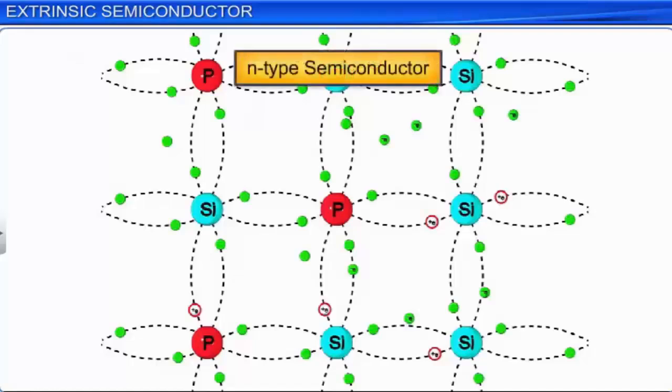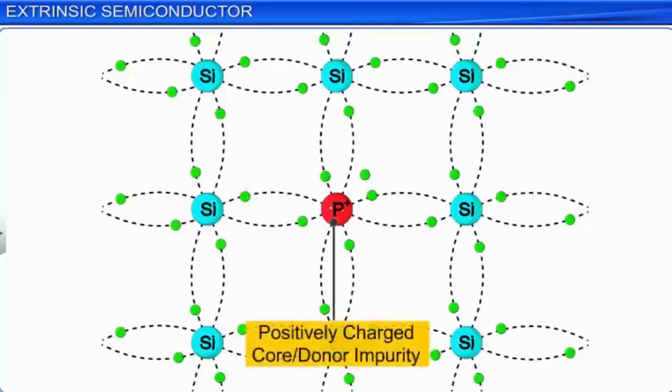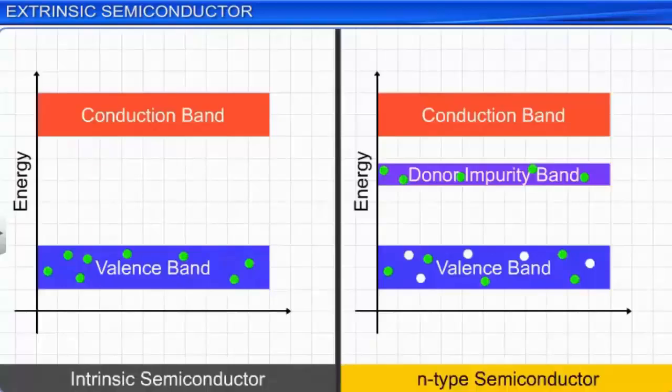When a dopant atom in an N-type semiconductor gives up a valence electron, it becomes positively charged. Thus, a dopant atom in an N-type semiconductor is called a positively charged core or donor impurity. An N-type semiconductor has a donor impurity energy band that lies just below the conduction band.